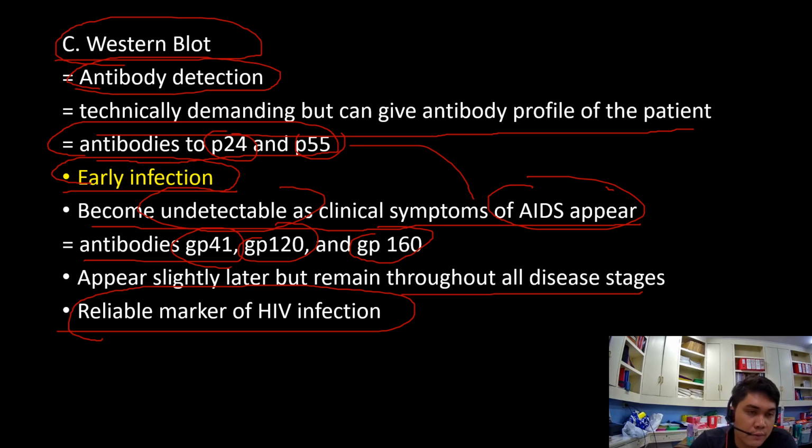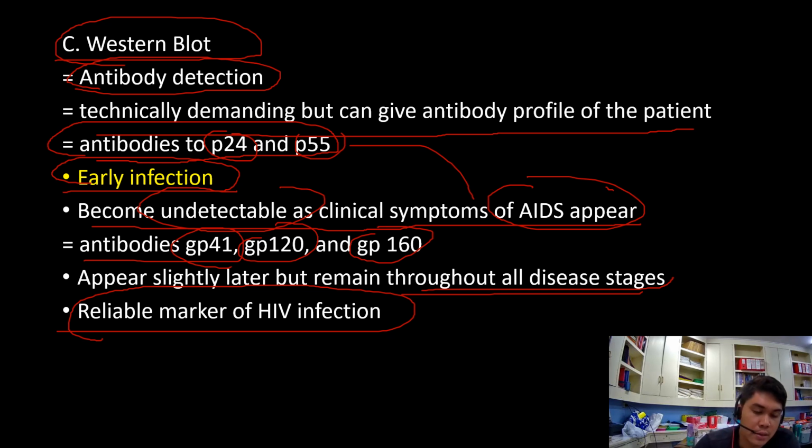But GP41, GP120, GP160 antibodies usually remain elevated throughout all disease stages, from early infection to advanced stage or AIDS. So you have increased antibodies against GP41, 120, and 160.